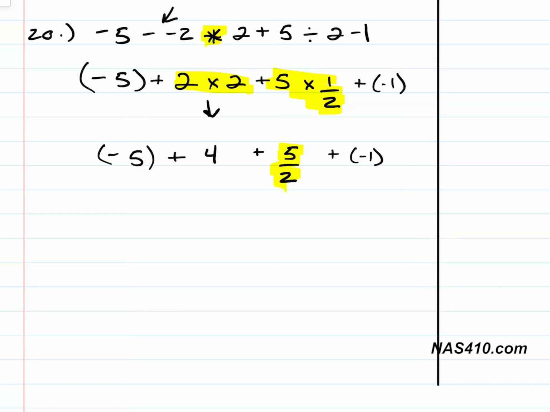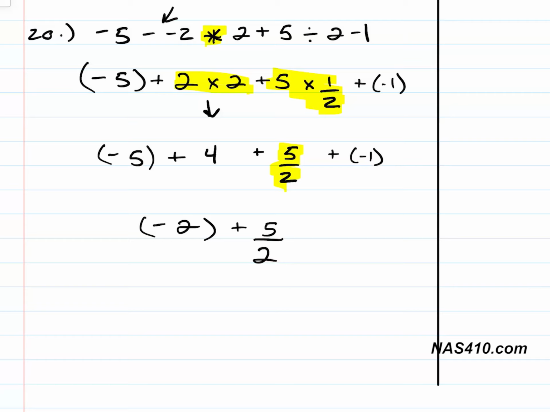Okay, and so now I'm going to do all my addition from left to right, but for now, I'm just going to skip the fraction. Okay, so I'm going to put all my other terms together. And so I have -5 plus 4, that makes -1. Okay, and then when I add that to -1, I get -2. And so what I have here is -2 plus 5/2.